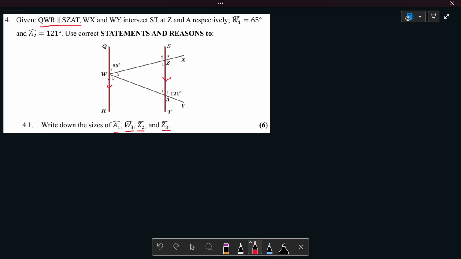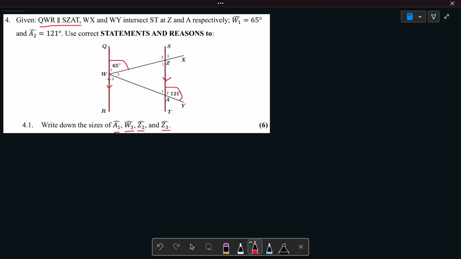Okay, let me not draw those because it's going to look confusing. Then they give us the size of W1, which is 65 degrees, right over here. And then they give us the size of angle A2, which is 121 degrees. Okay, now let's answer these questions.